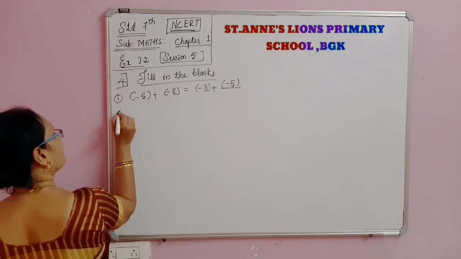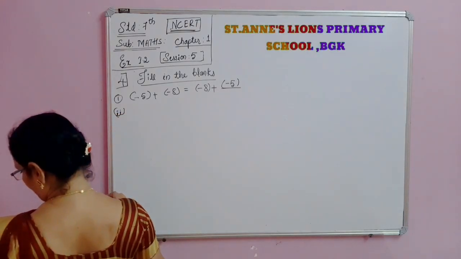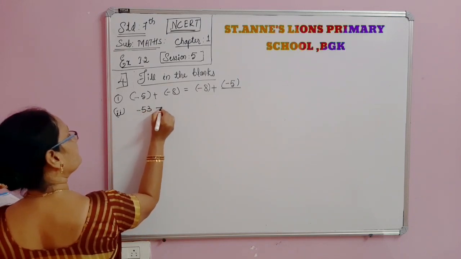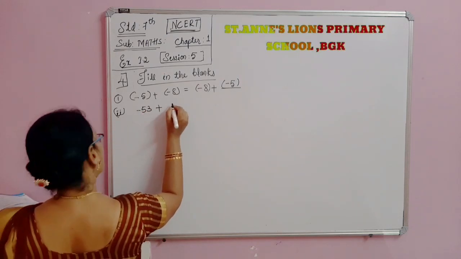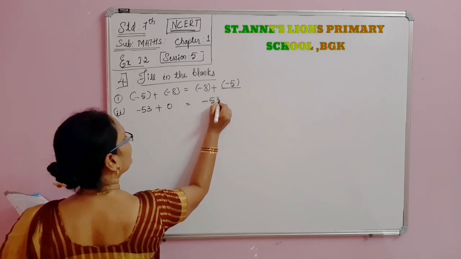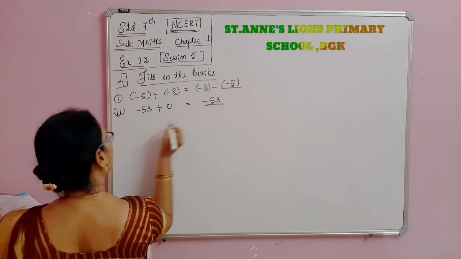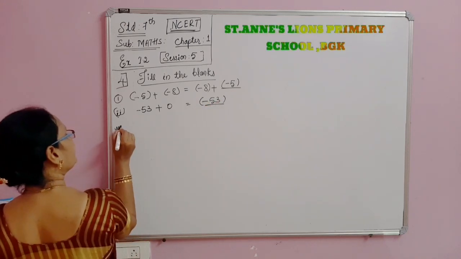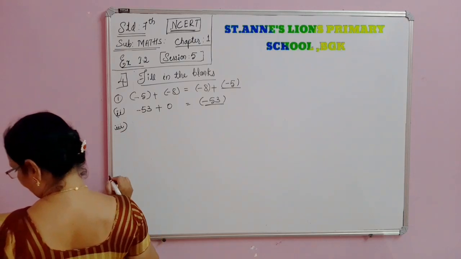The same way, second one you can think and tell me. Second one, -53 plus 0 is equal to -53. Additive identity. We are using additive identity here.